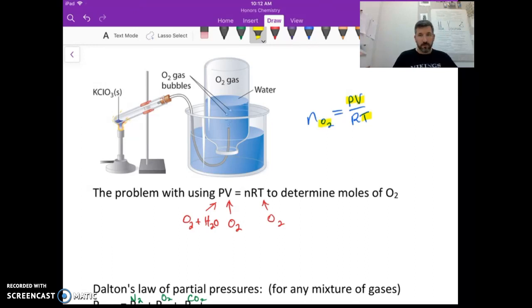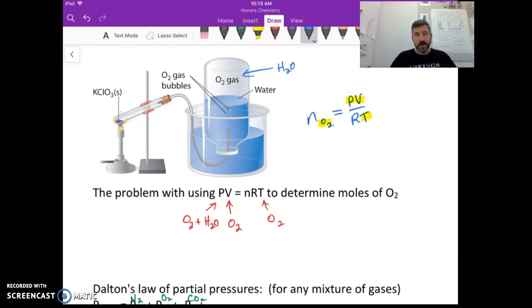As I said earlier, the volume and the temperature are not a problem. Whatever the volume is, that is the volume of the oxygen, and whatever the temperature is, that is the temperature of the oxygen. The pressure, though, we have to subtract the pressure due to the evaporated H2O, because that is making up some of the pressure in the sample.